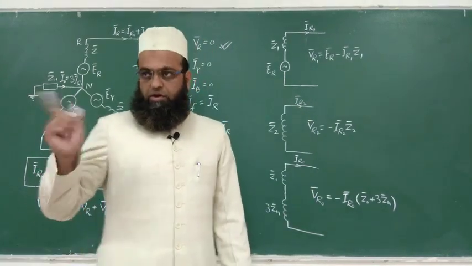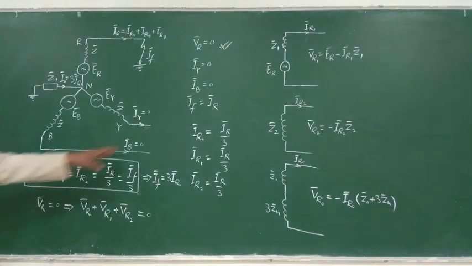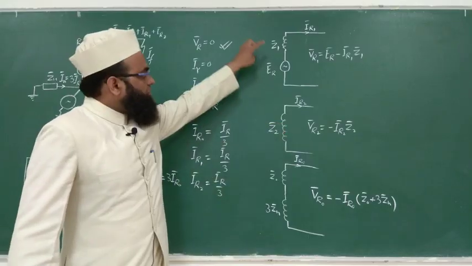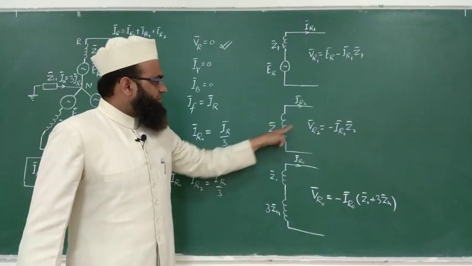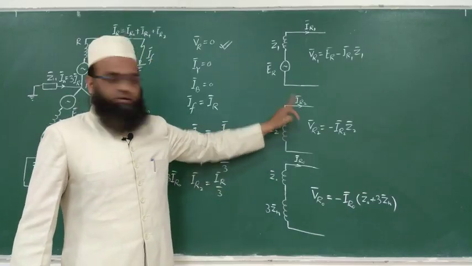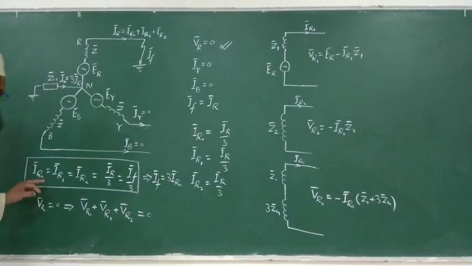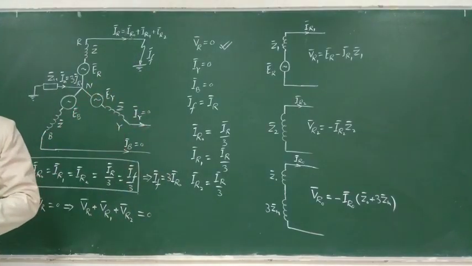Second thing, from this equation, the three currents in the three sequence networks: the positive sequence network having current IR1, the negative sequence network having IR2, and the zero sequence network having current IR0. This equation says that all these three currents are equal.